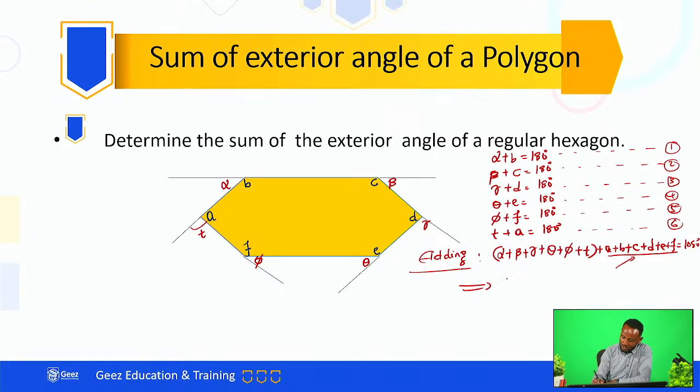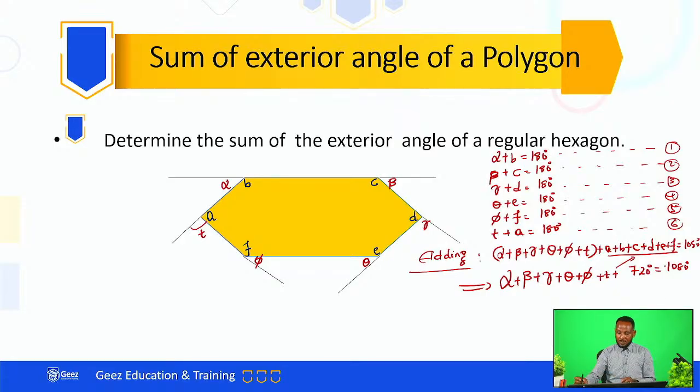So finally, we summarize in this way. Alpha plus beta plus gamma plus theta plus phi plus t plus 720 degrees is equal to 1080 degrees.